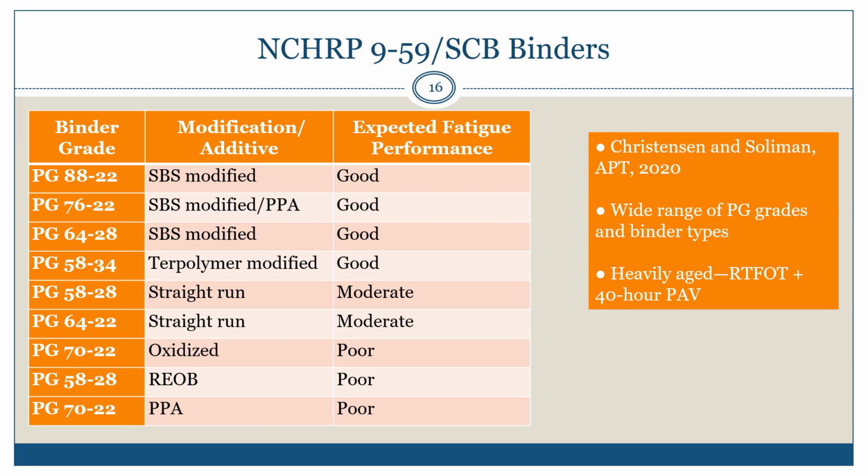We also included binders that were oxidized. One of them had REOB, and one of them was modified with polyphosphoric acid. It's important to point out here that the binders we used in this research were heavily aged. The binders were aged for 40 hours in a PAV. The mixtures were aged for 5 days at 95 degrees C using the loose mix oven aging.